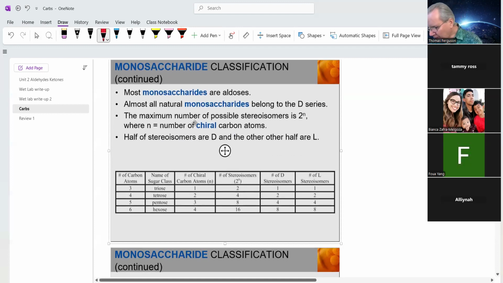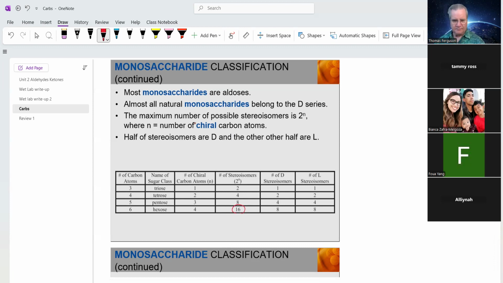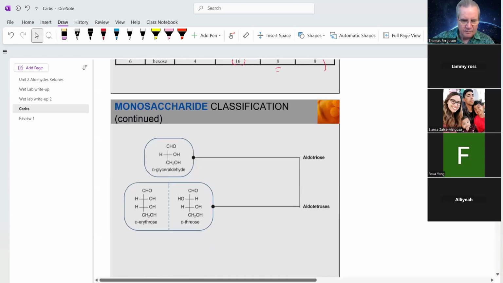So when we're working with hexoses like fructose and glucose and galactose, there are 16 versions for each one of those, and a specific name for all those. Now we're only going to learn 3 of the 16. And we're not going to do L's, we're only going to do D's. So there's 8, and we're doing 3 of the 8. Glucose, fructose, galactose, the most common of them all.